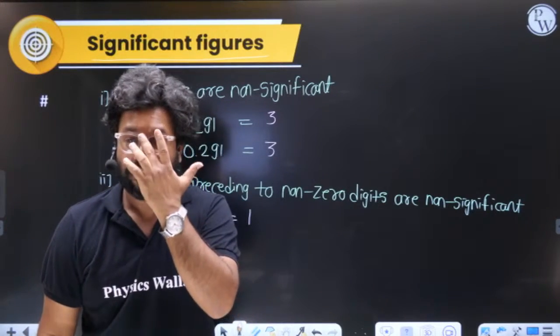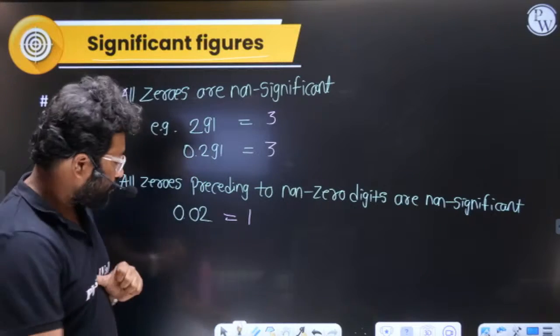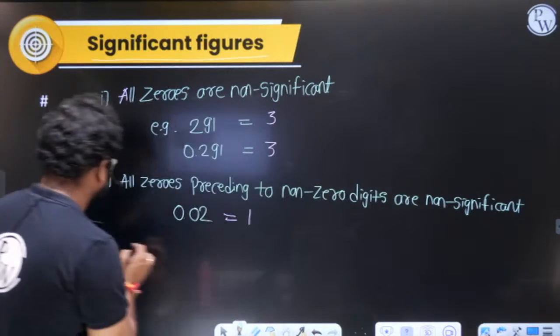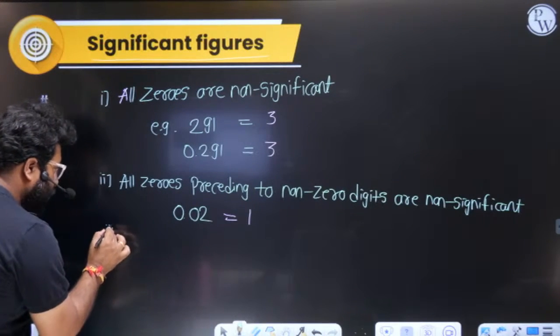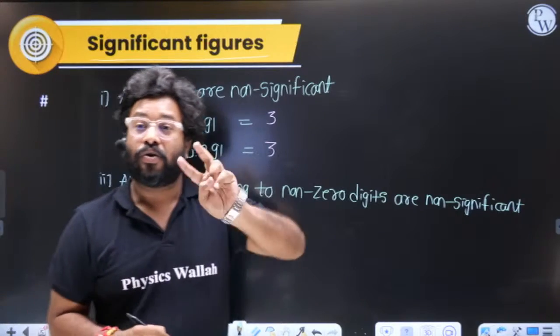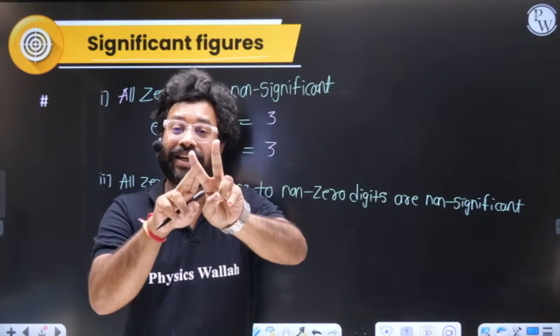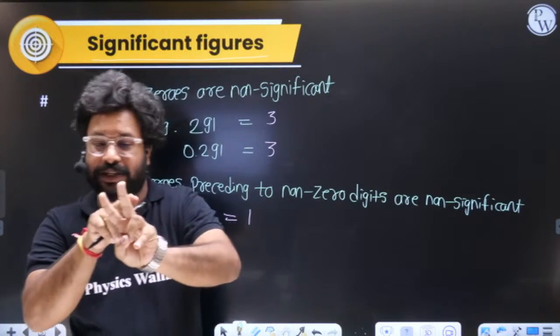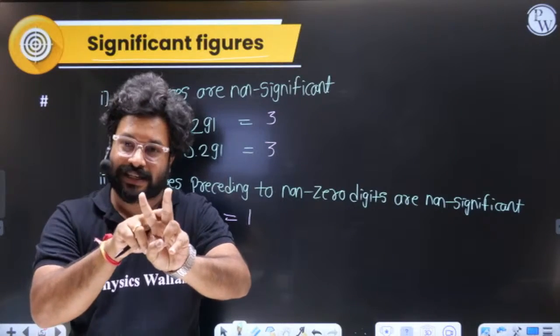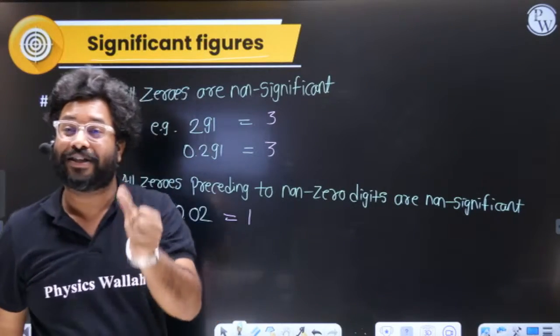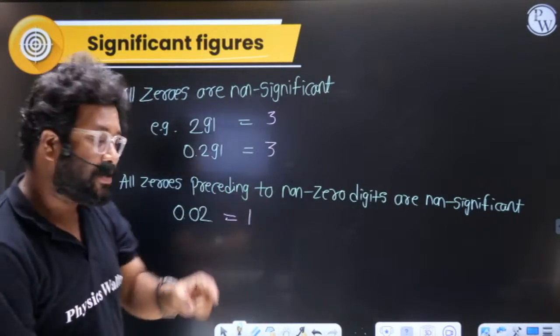Thirdly, whenever you have a zero between two non-zero digits, that zero would always be significant.